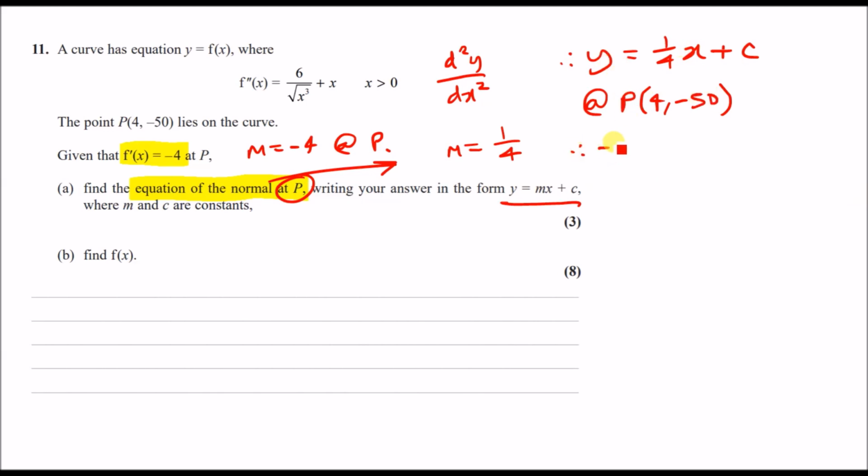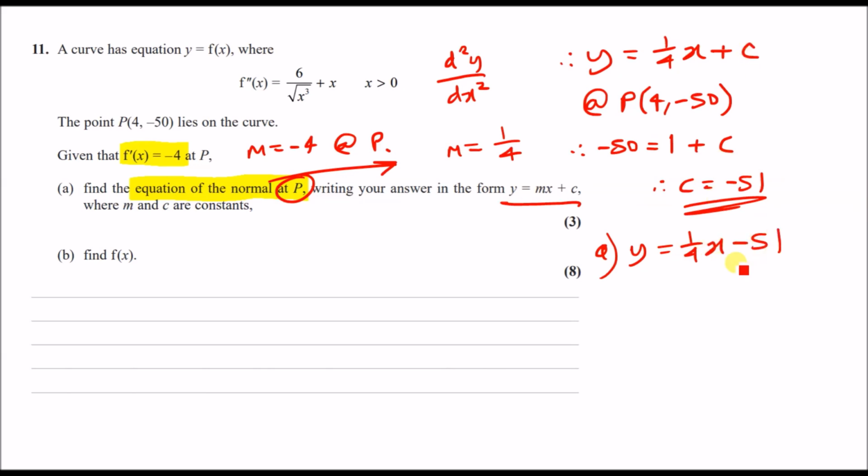We're going to have minus 50 equals a quarter times 4, which is 1, and then plus c. Solving for c is quite easy. Subtract 1 and c is therefore minus 51. And that's it, guys. So for part A, our equation of the normal is y equals a quarter x minus 51. That's one part done.